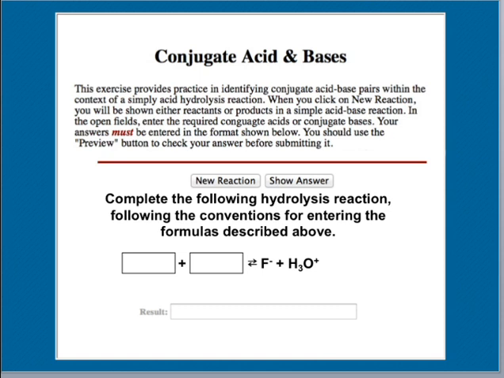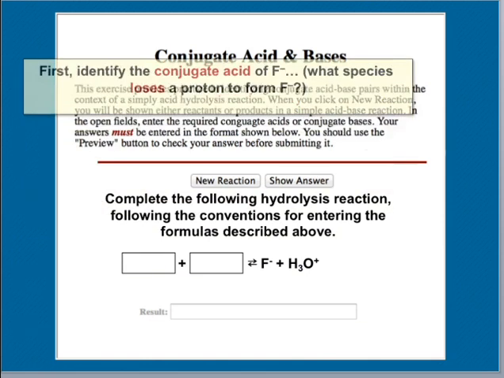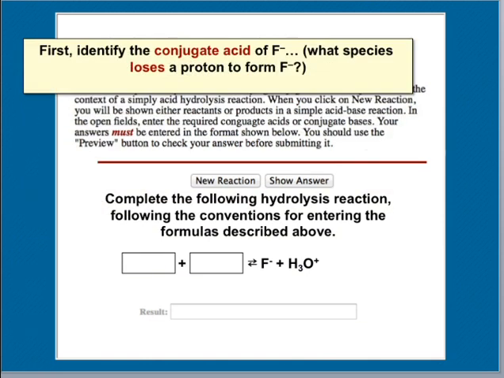this is an acid-base reaction. We're making hydronium, right? Let's identify the acid component. What lost a proton to form fluoride and hydronium? The conjugate acid of F minus is going to have one extra proton, isn't it?